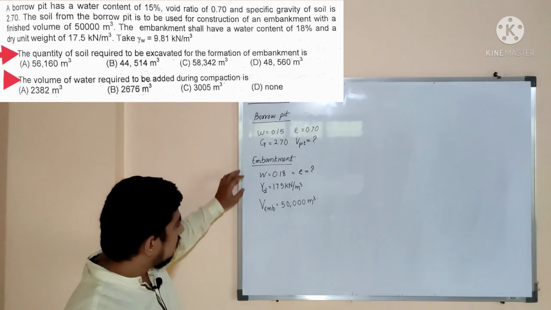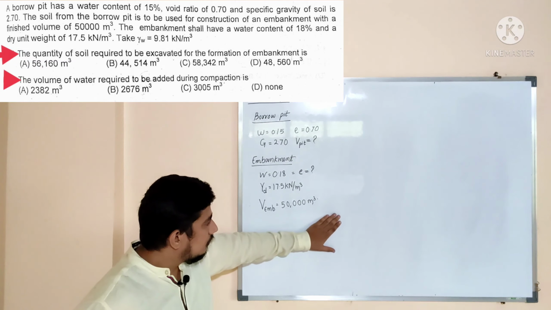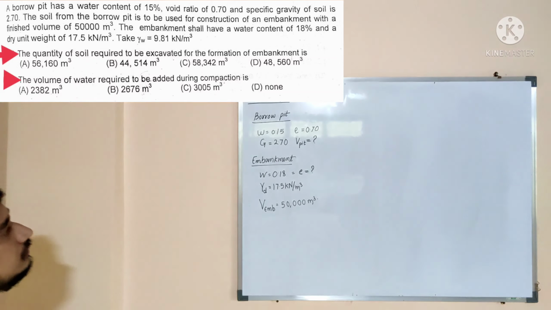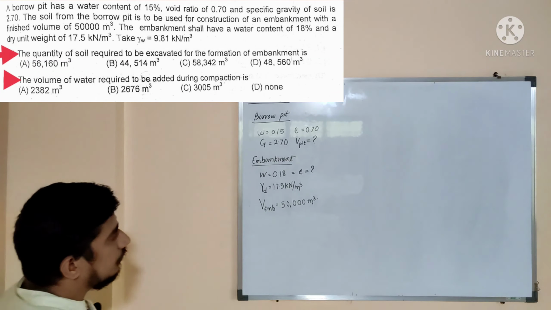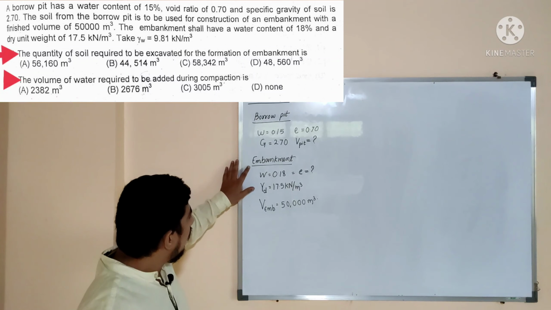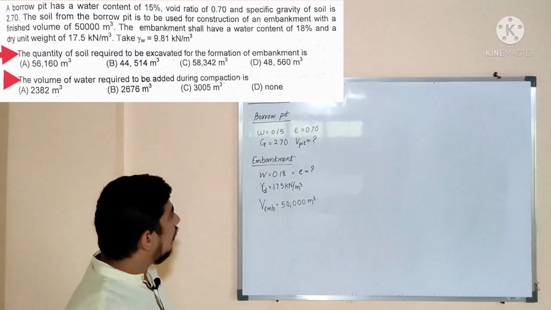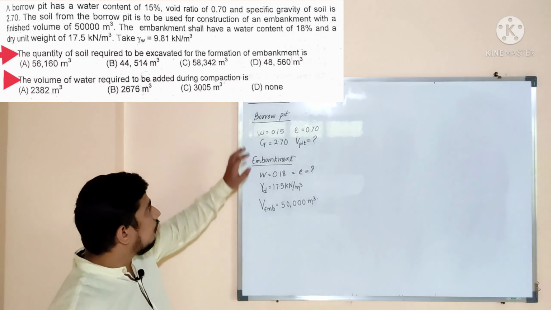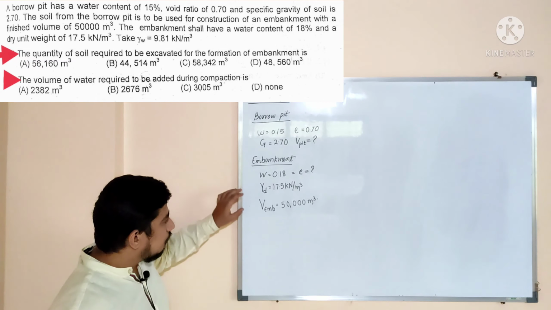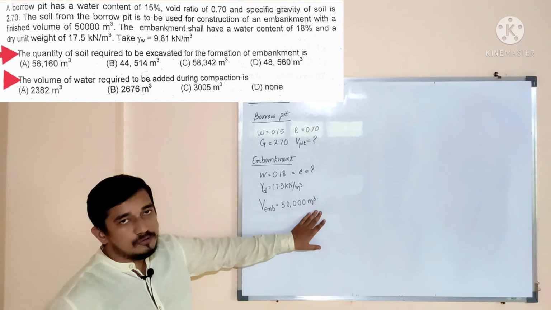This is our next problem. This is the embankment. This is the next problem in which we have to excavate some soil from the borrow pit and we have to fill this in the embankment. The volume requirement is 50,000 meter cube.